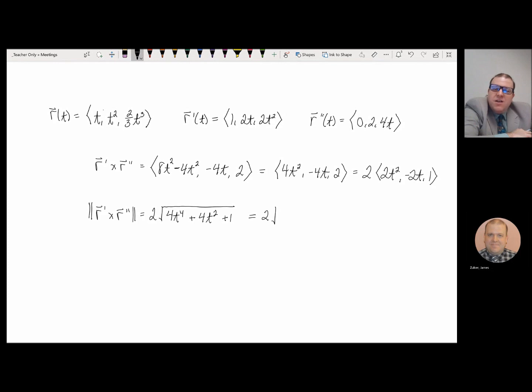That can be simplified. How do we simplify it? It's 2t squared plus 1 squared. Right, so that can be factored.